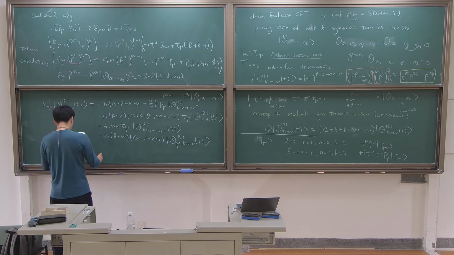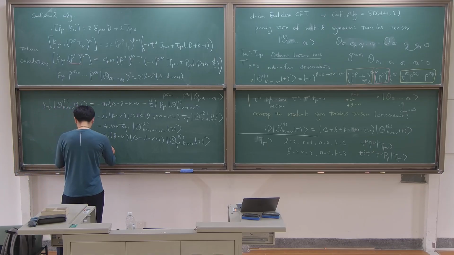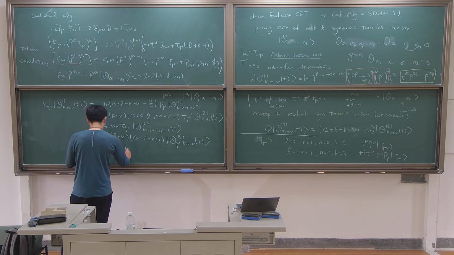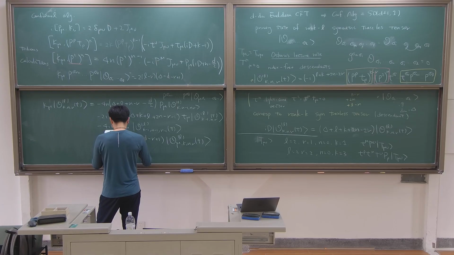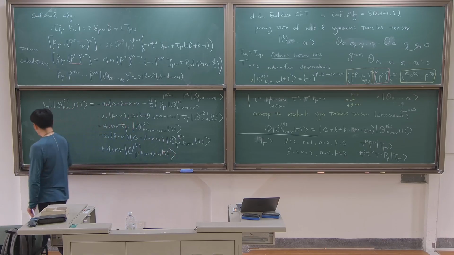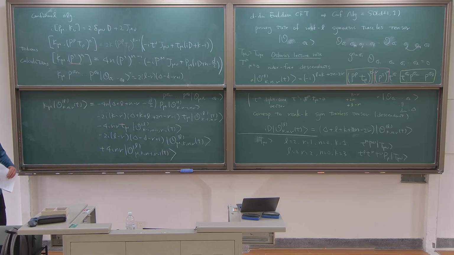And furthermore, the last term 4i n r O L mu K minus 1 r minus 1. Okay, so that's how K acts on this descendant.